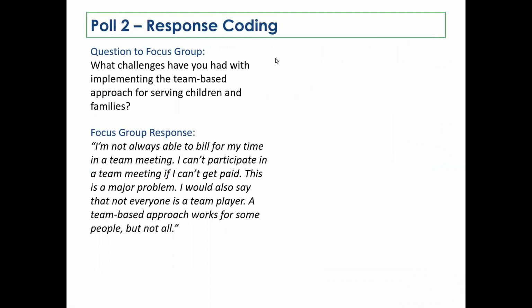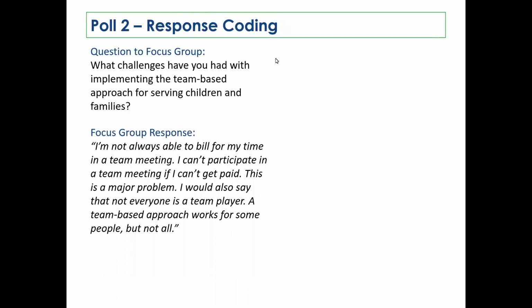So what we're asking you to do is to read that quote and then look at those 6 possible codes and check the ones that you think are evident in this quote. And hopefully I was clear in my instructions. You can check more than one.